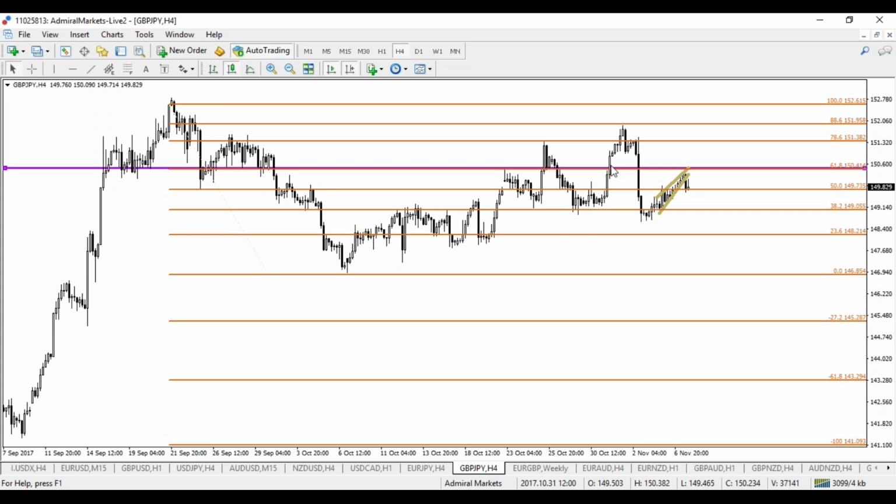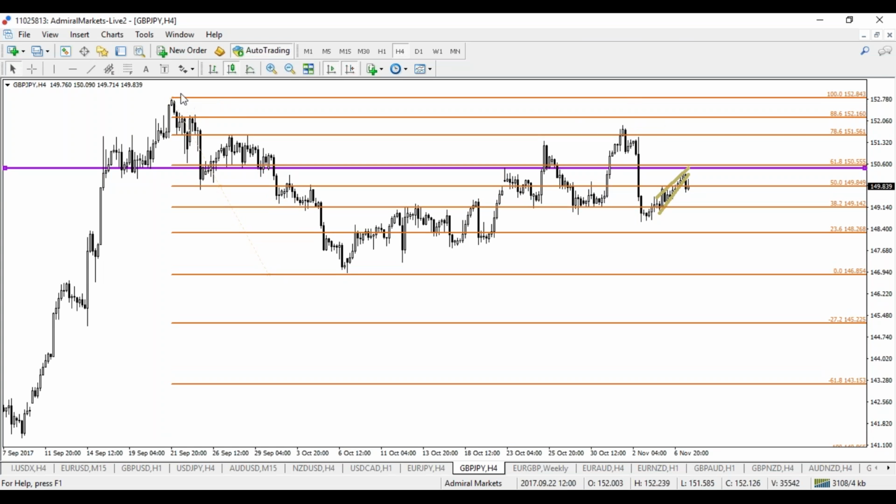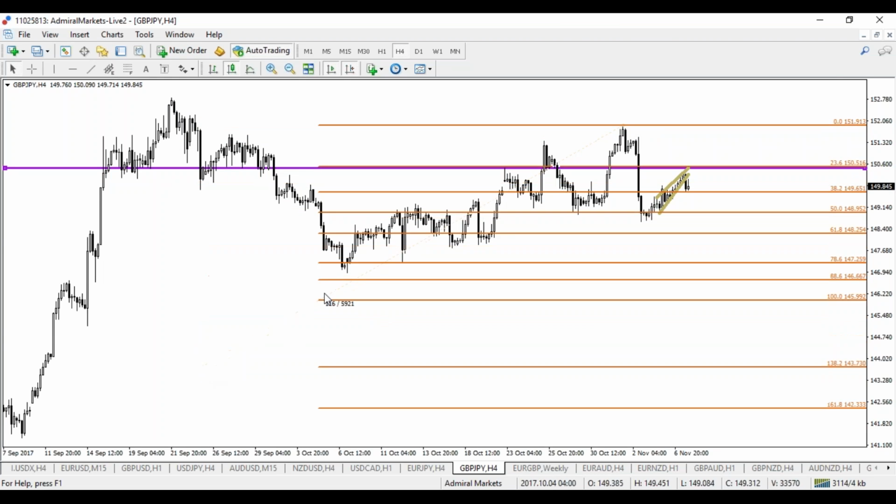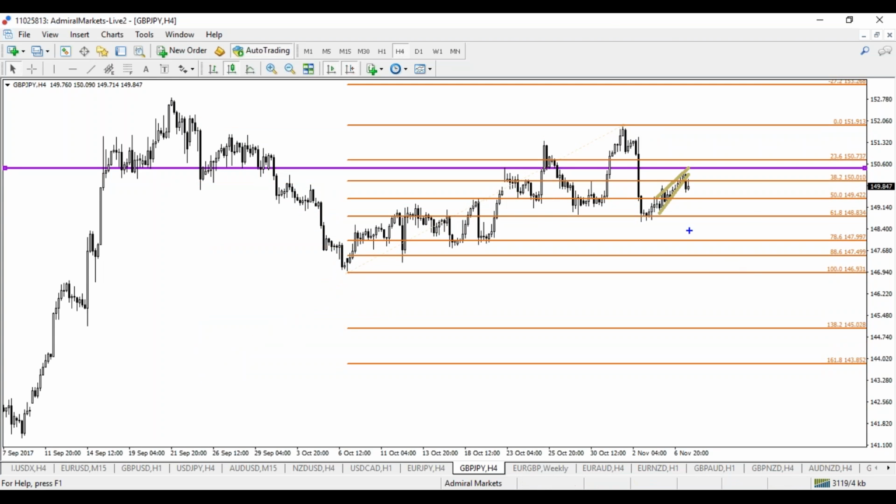Price stopped at the 78.6 fib here, and might do that again. So if it breaks, this break could take it all the way back to the 7 or down to the 78.6 fib at 148.